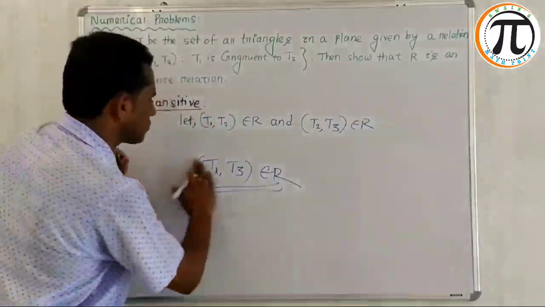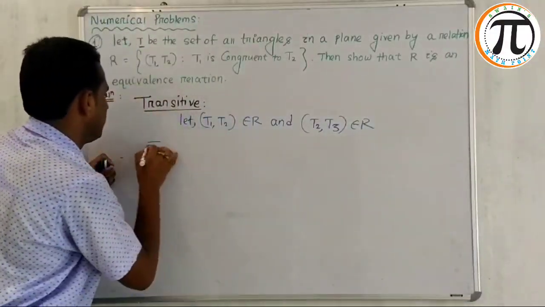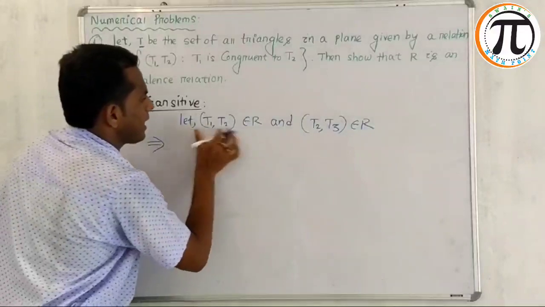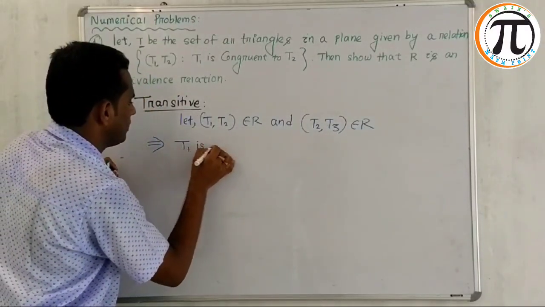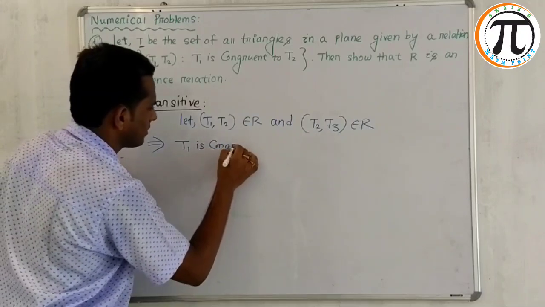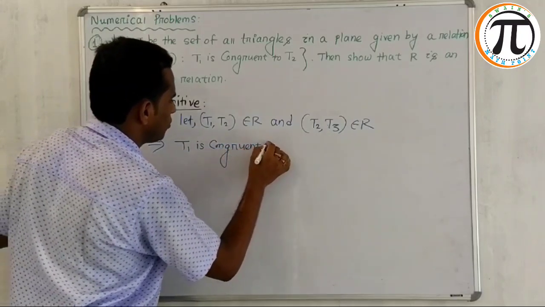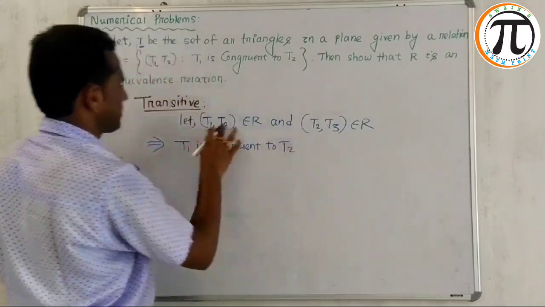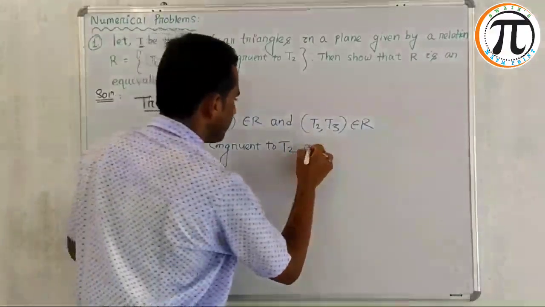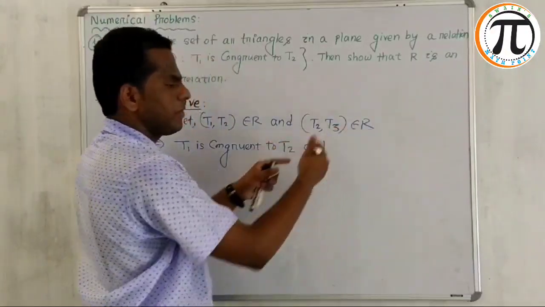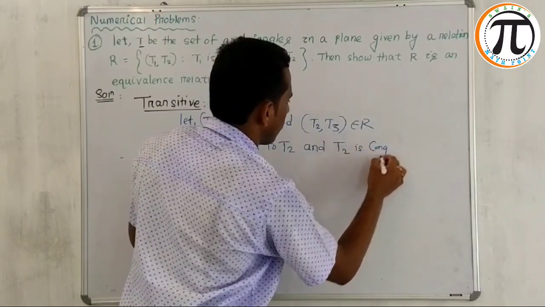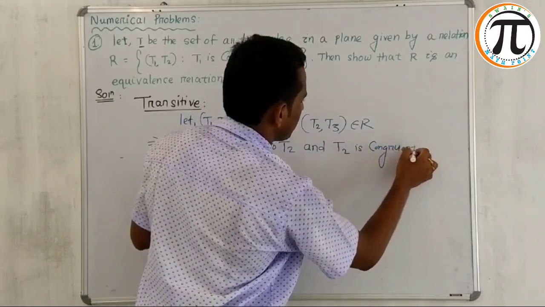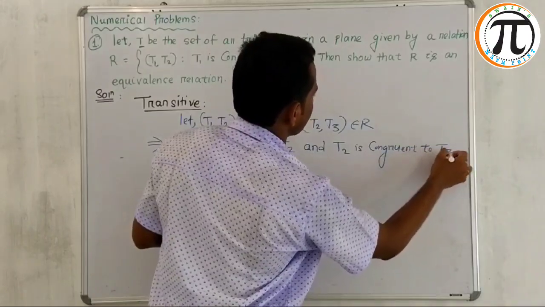Okay. So देखो how to prove. So this expression का wording क्या है? T1 is congruent to T2. This expression का मीनिंग क्या है? T2 is congruent to T3, है कि नहीं?